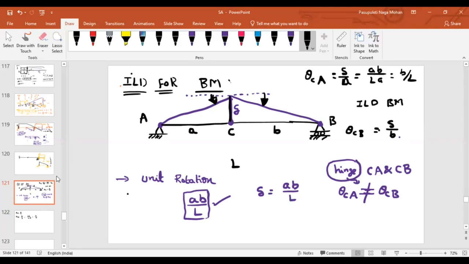Now, what about the slope at point C exactly? How can I say, what is my slope at point C? 0, sir. How can I say it is 0? There is a slope at CA and there is a slope at BC. But exactly at the center, there is no slope, sir?